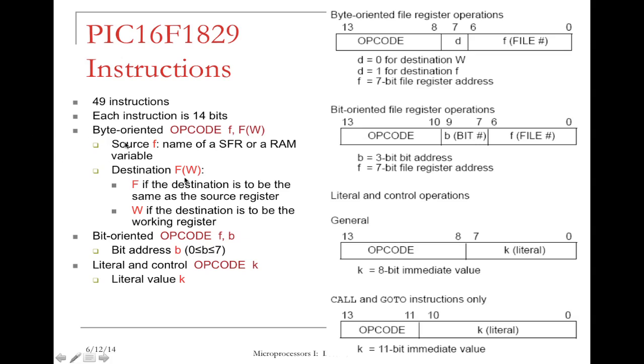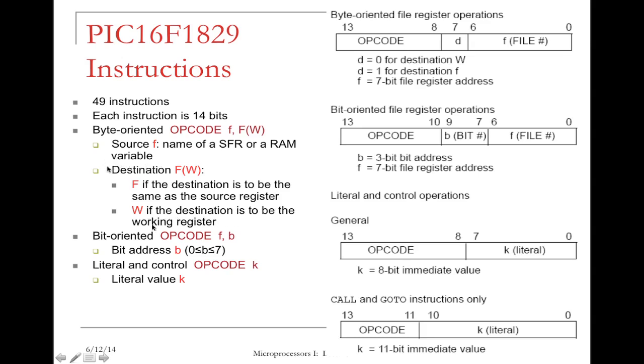If this letter is F, that is to say the destination is to be the same as the source register. So F here, this register is going to be both the source and the destination. If we choose to say comma W, then W is the destination.